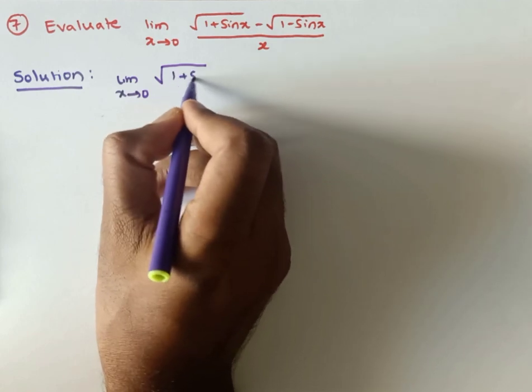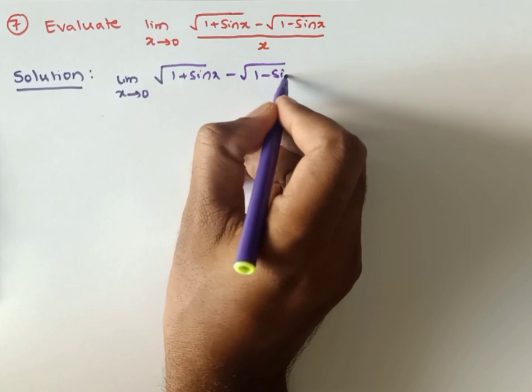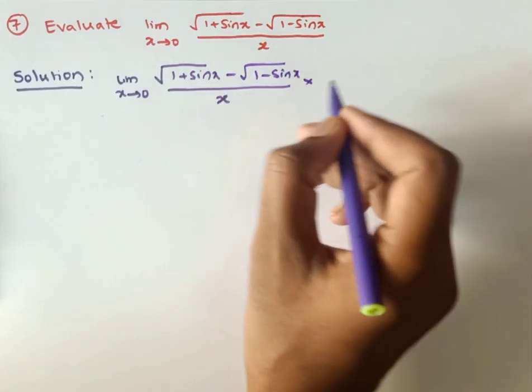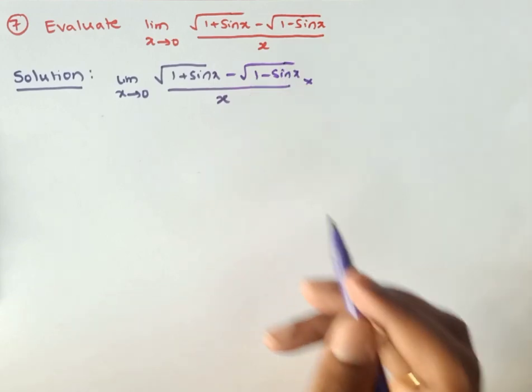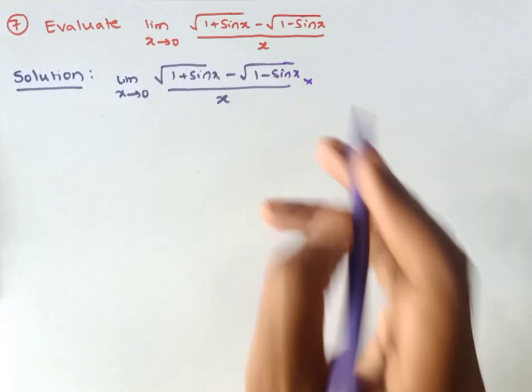Let's see what happens. So it is root of 1 plus sin x minus root of 1 minus sin x by x. If we rationalize the numerator, we may get it into some factorization, or it may convert into some formula.